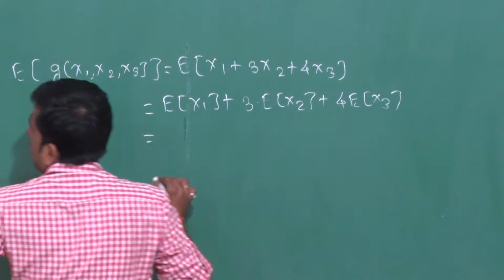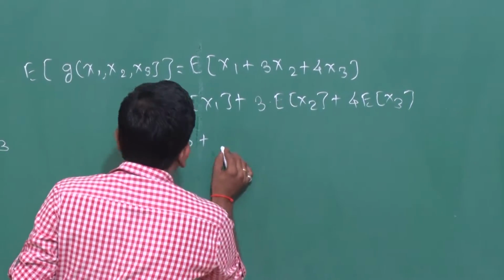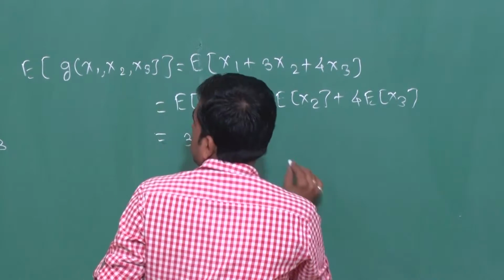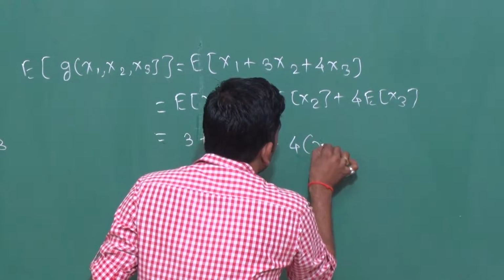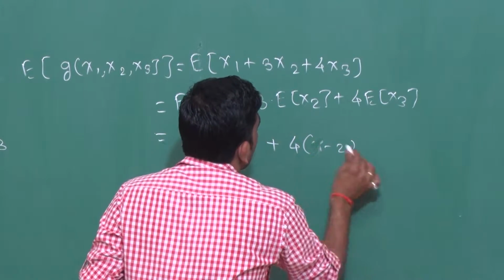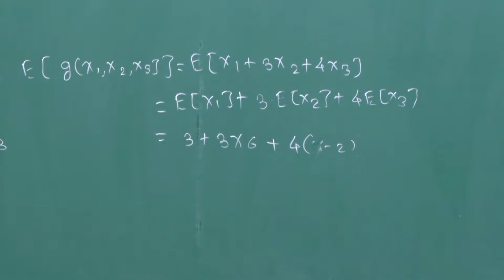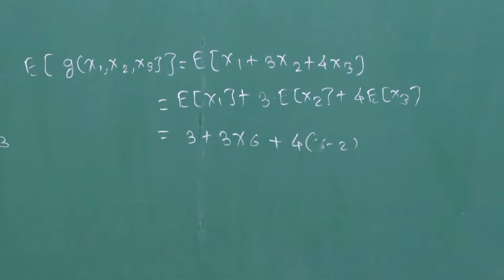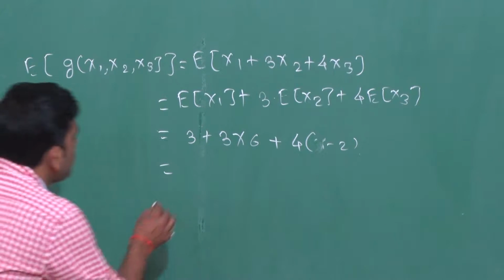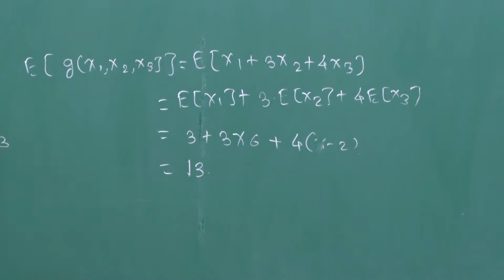Here 3 plus 3 into 6 plus 4 into -2. So we will get, what is the mean value? Is it 13? The mean value for first function which depends upon three random variables x1, x2, x3 is equal to 13.